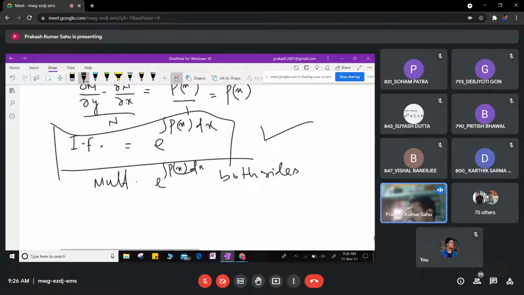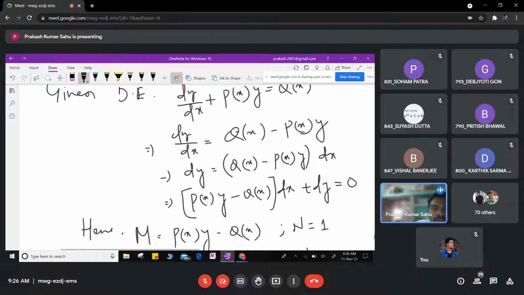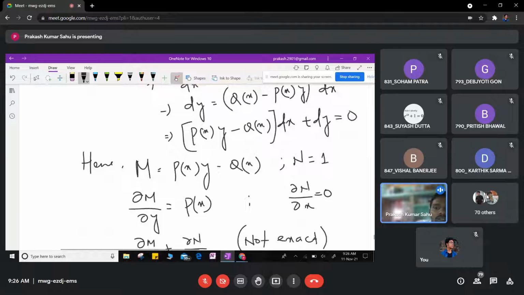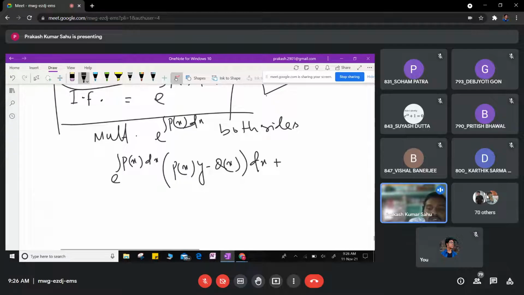Multiplying e to the power integration px dx on both sides, here it becomes e to the power integration px dx, whole into px y minus qx, dx, plus e to the power integration px dx into dy is equal to 0.